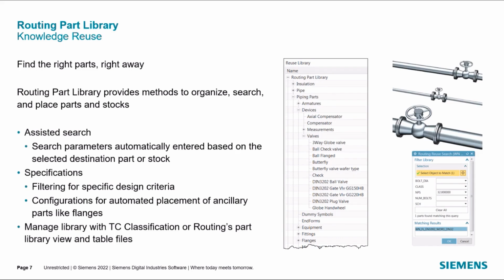Not only can you just have a repository of parts, but you can also set up different characteristics that you can search through your library. As you can see here in this example, it's a mechanical example. So you can search for things in your library based on size, on classification, various parameters that you might want to use to help locate candidate parts in your library that you might want to use in your routing system.